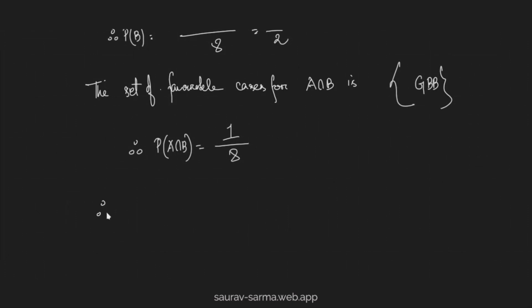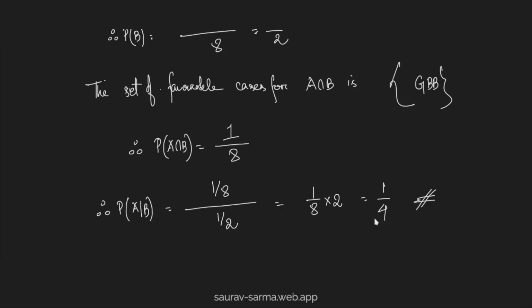So therefore probability of A given B is A intersection B, which is 1 by 8, and B is 1 by 2, right? So it will be 1 by 8 into 2, so 1 by 4, right? So this is your answer.